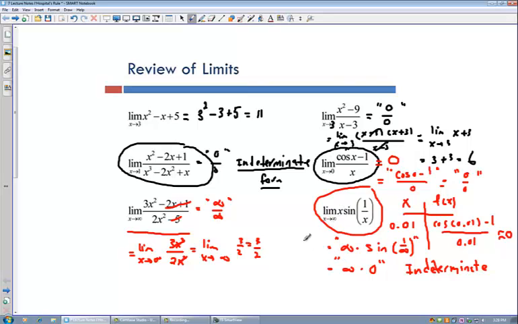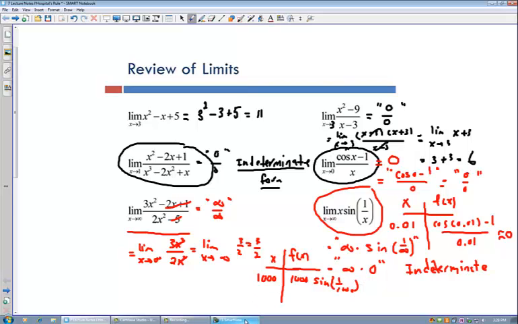To figure this one out, you might want to plug in a really big number. So we could do another table with x and f of x, and we could take, let's say, 1,000, and do 1,000 times sine of 1 over 1,000.